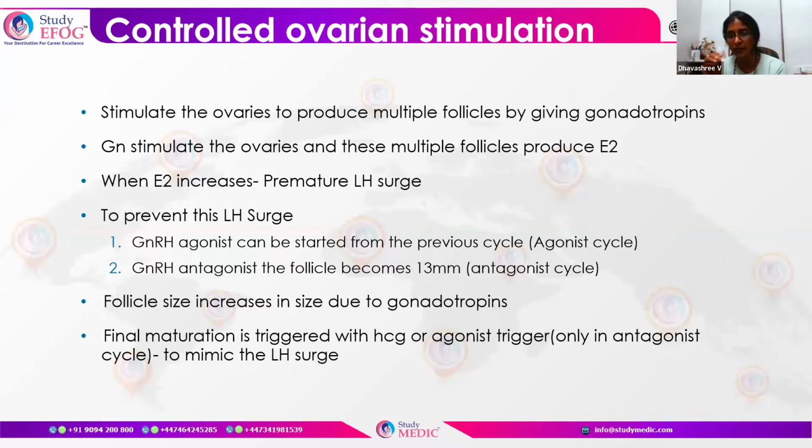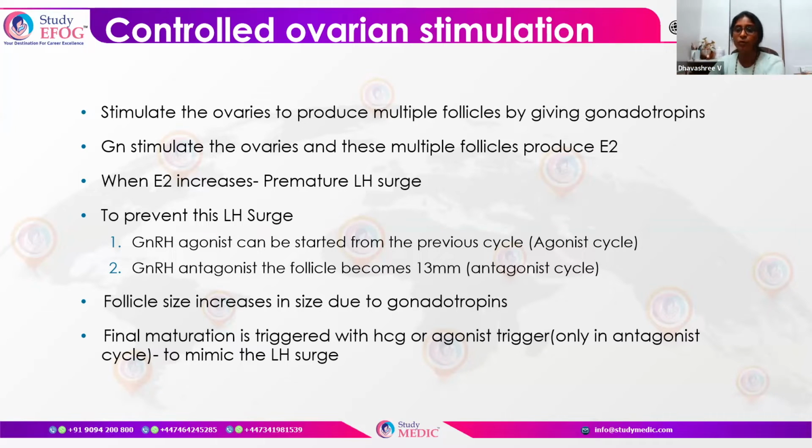Initially, when we give an agonist, there is always a flare of gonadotrophins, which is followed by down-regulation of the receptors. So there will not be enough receptors which can be stimulated by the gonadotrophins.